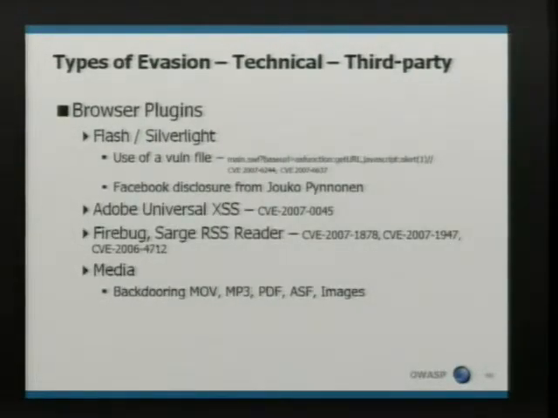So on browser plugins, we have Flash and also Silverlight, and as mentioned before on the track, it's quite easy to bypass cross-site scripting protection if you find a vulnerable Flash file. And I think two months ago, there was an advisory on Full Disclosure from Juha-Matti Laurio that shows how to do that with Facebook, and also with the Facebook API.